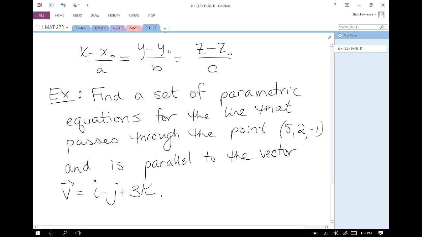We want our answer to be parametric equations. So this one is the most basic, the most straightforward. They give us exactly what we need. We just have to know how to pull the information out and set up the answer.